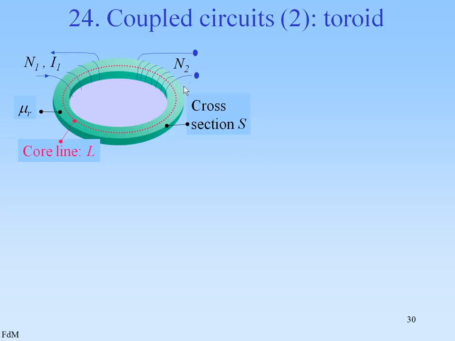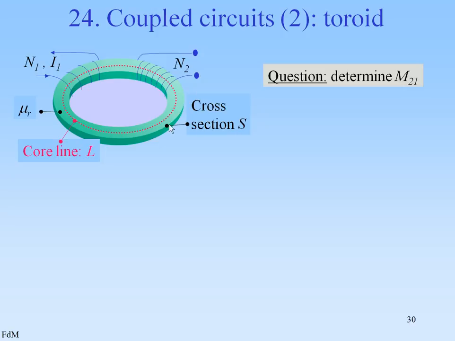We can use that result in topic 24, the toroids, in which we have N1 coils with current I1, and here we have N2 coils with no current at the moment.